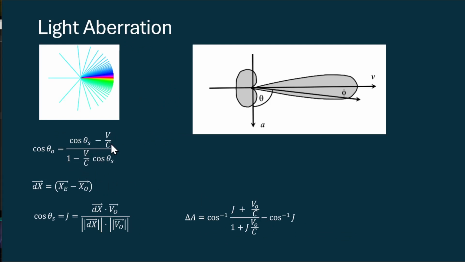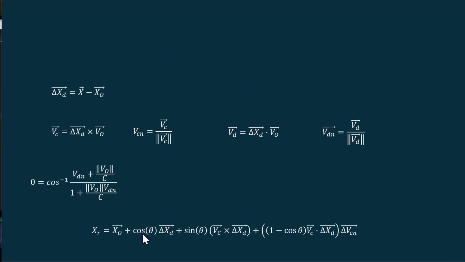Magnitude of the velocity over c. And then this is the rotation formula for taking the original point. This is the observer. So it's rotating around the observer, so it's offset from the observer. And then the dot product and the cross product turning into this x results vector. This should be a vector.